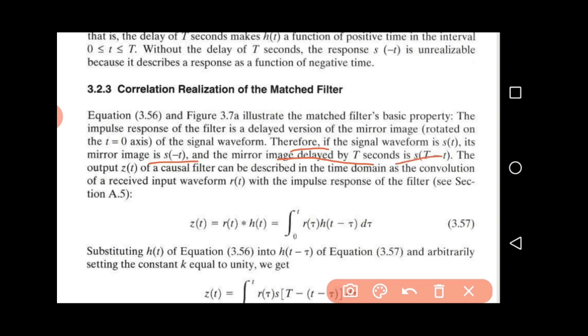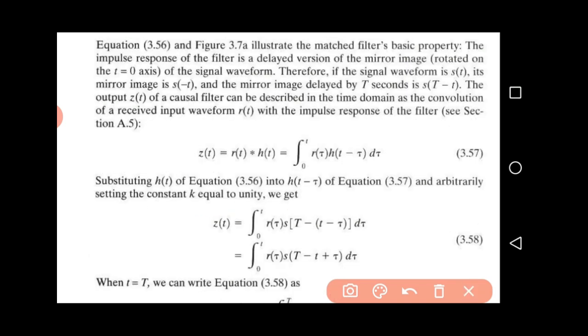The output z(t) of a causal filter can be described in the time domain as the convolution of a received input waveform r(t) with the impulse response of the filter. That is, z(t) equals r(t) convolved with h(t), which is equal to the integral from 0 to T of r(tau) h(t minus tau) d tau.